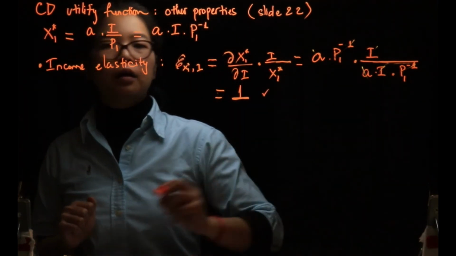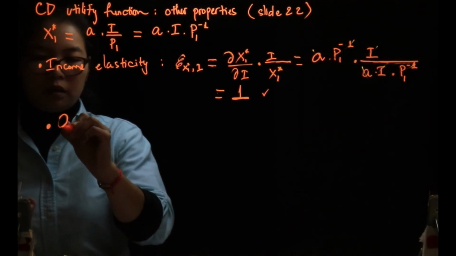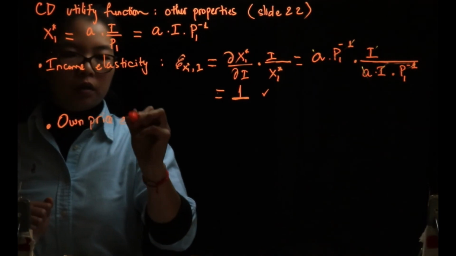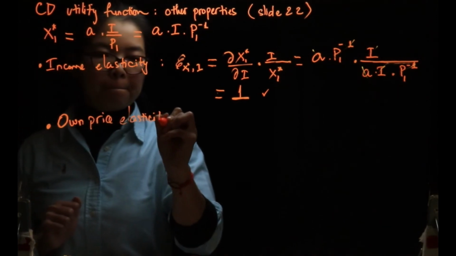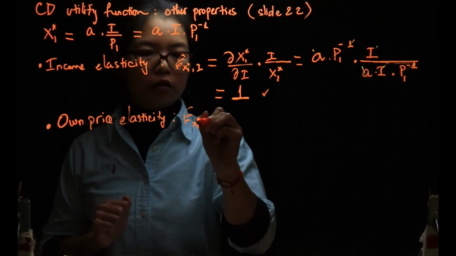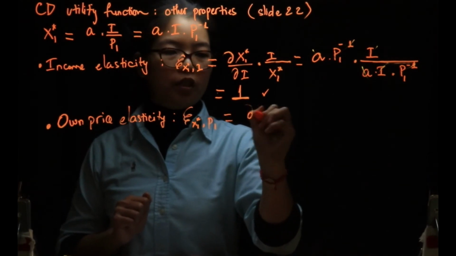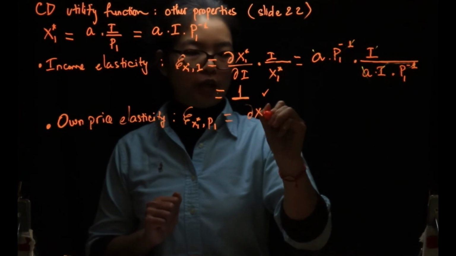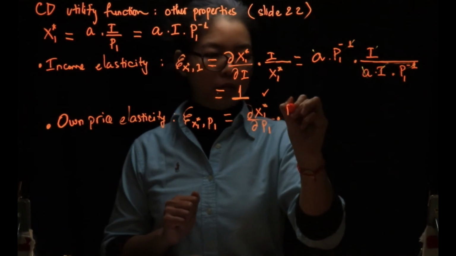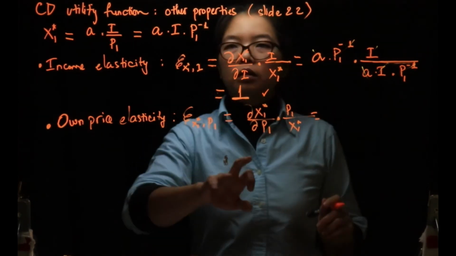That's the first thing. The second thing is the own price elasticity, which is, again, X1 star, and here is P1 now, right? By definition, that is the derivative of X1 star with respect to P1 times P1 divided by X1 star again. So look at this.